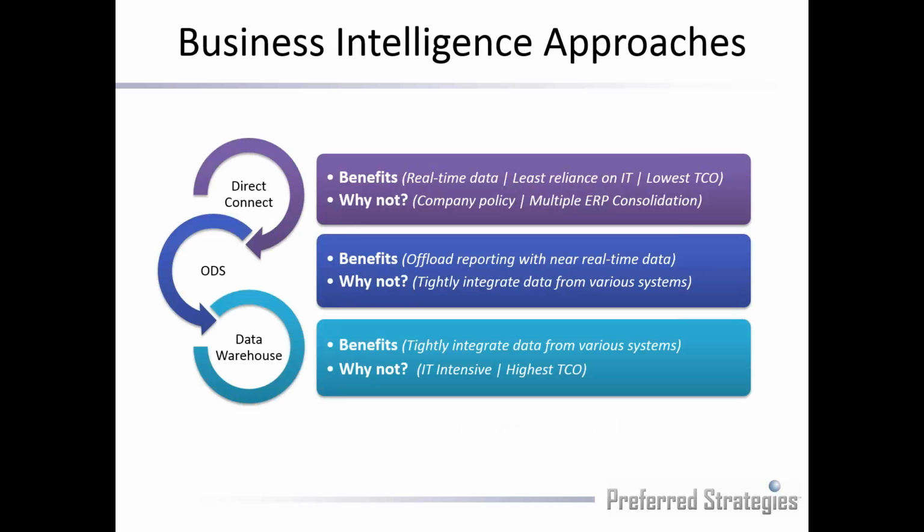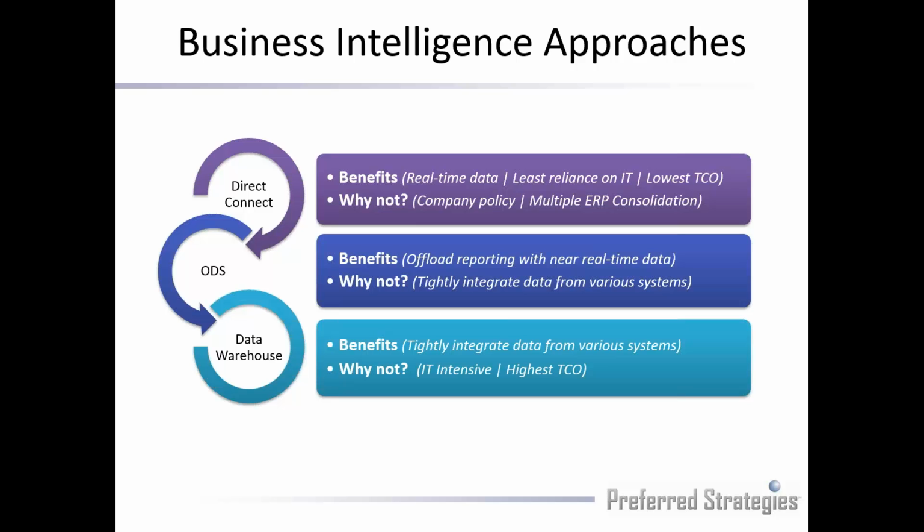As far as different BI approaches, there are 3 approaches we support. We support each of these individually as well as a hybrid of these. Direct Connect; Operational Data Store, which is kind of a mirror of the transaction system, just to offload reporting for the most part and redirect reporting to a separate database; or you can restructure data into a data warehouse.